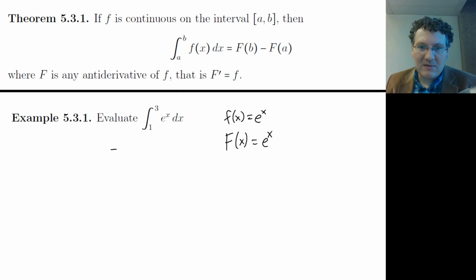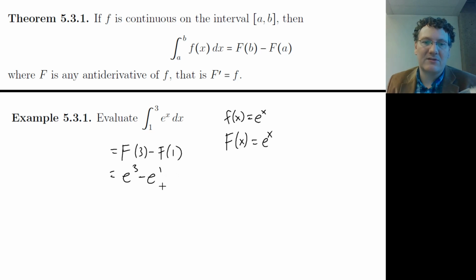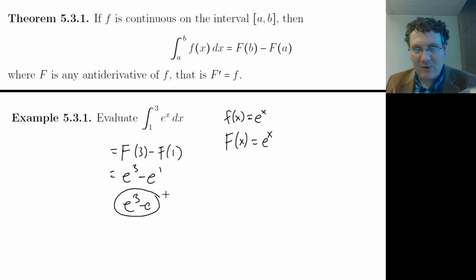Well, this tells us that we should just evaluate F at 3 minus F at 1. So that's e to the third minus e to the first, so it's e to the third minus e. That would be the evaluated definite integral that we're given right here.